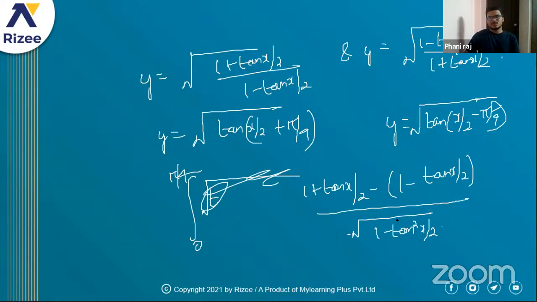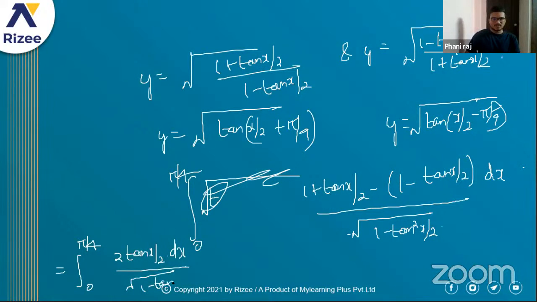This is 2 tan x by 2 by under root 1 minus tan square x by 2 dx, equal to integral 0 to pi by 4 of tan x by 2 dx by under root 1 minus tan square x by 2. That's it, right?